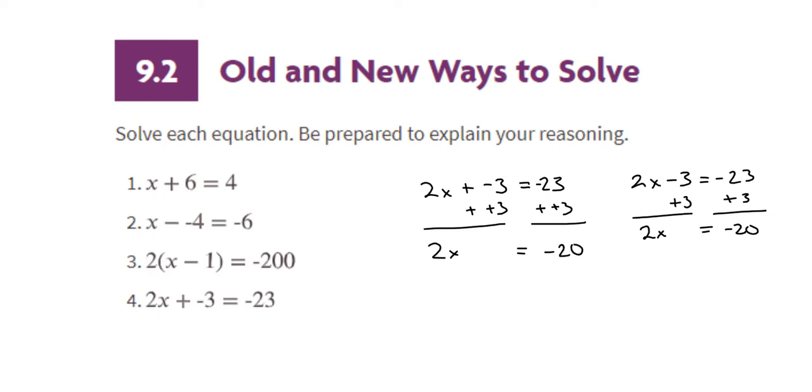We end up in the same spot. So from this point, we have 2 x's, so we would divide those 2 x's by 2 to get 1x, and that would divide this side by 2, and x would be equal to negative 10.